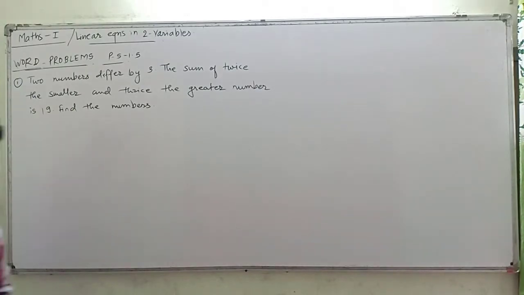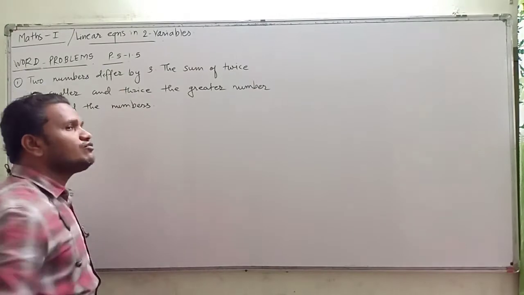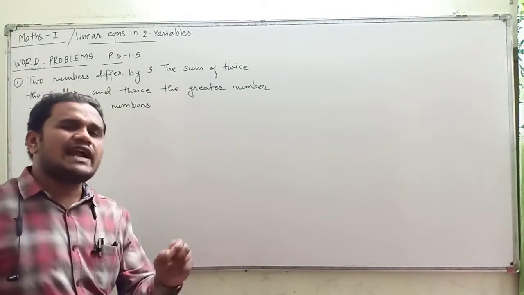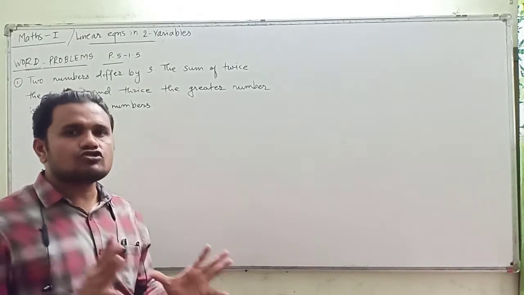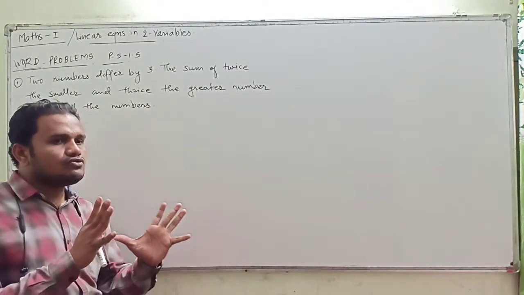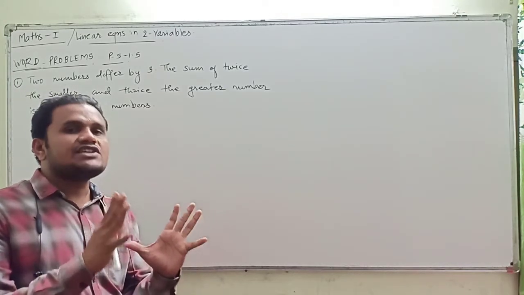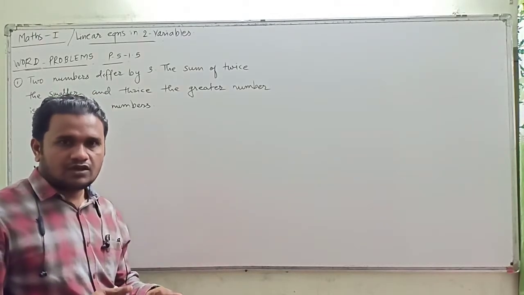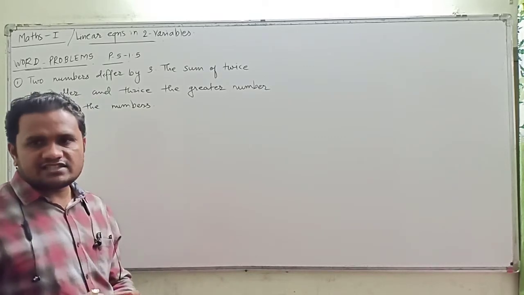Now, one thing you have to keep in your mind, whenever you solve this type of questions, you have to read that question at least twice or thrice. Because once you read it thoroughly, you will understand the conditions which you are going to make, and the variables also, for which quantities you are going to give x as a variable, y as a variable.